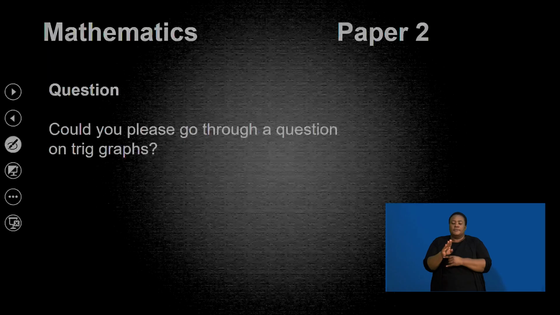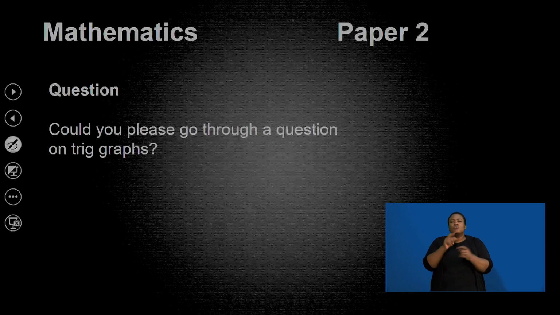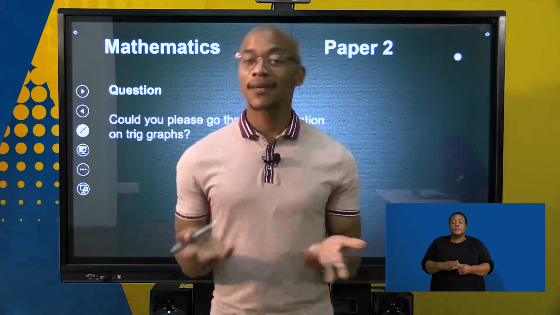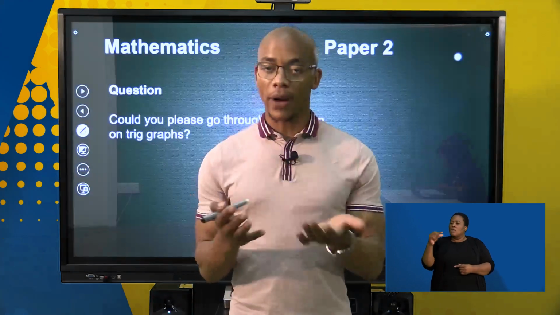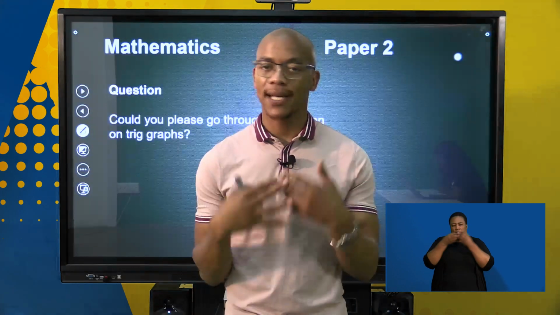We've got a WhatsApp question, so let's check that out. Could you please go through a question on trig graphs? All right, matrix. So the question is about trig graphs, and they want us to look at a trig graph. Now, with trig graphs, there's just a few important things that I need to mention.